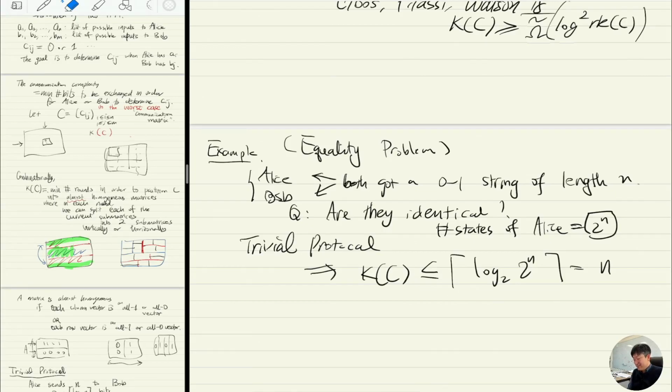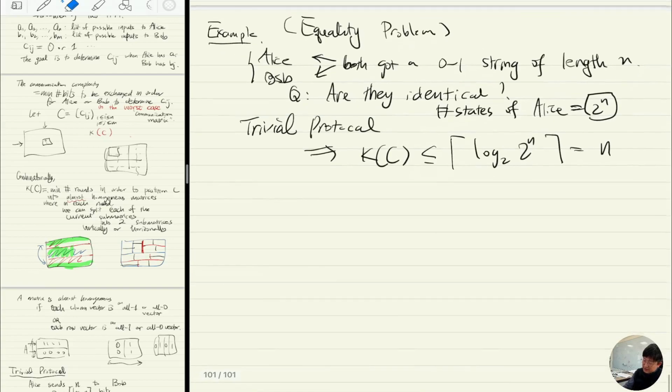Now let's look at the communication complexity.